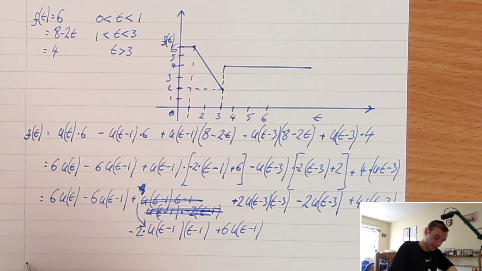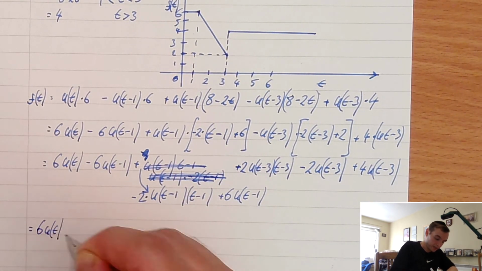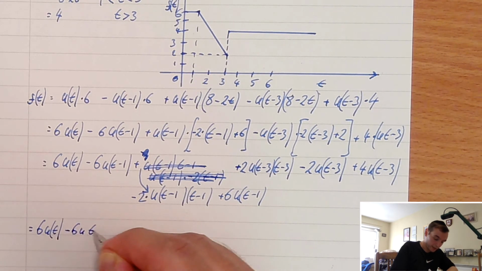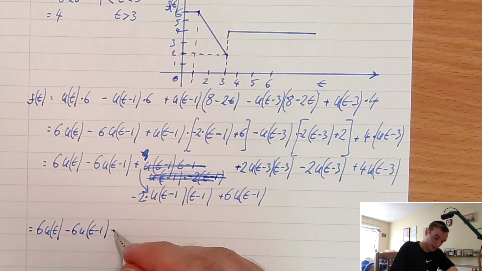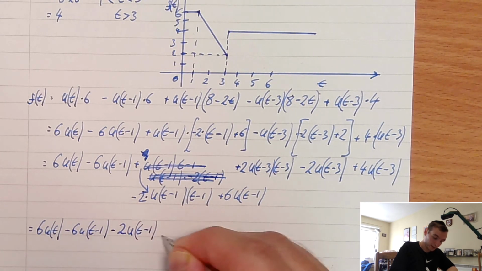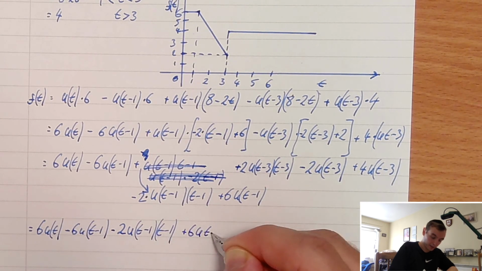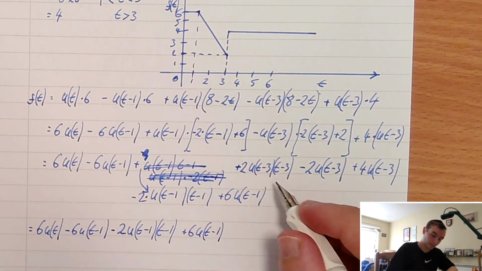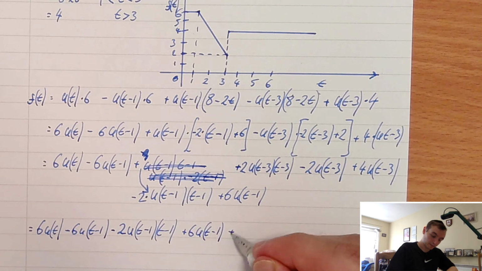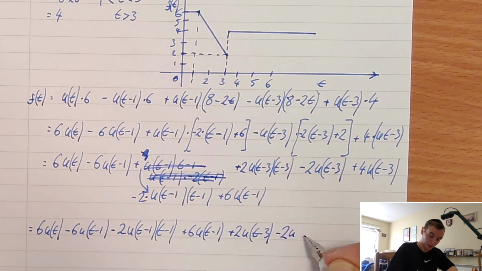So let's bring that down and tidy things up a little bit. So we've got 6u(t) minus 6u(t minus 1) minus 2u(t minus 1)(t minus 1) plus 6u(t minus 1) plus 2u(t minus 3)(t minus 3) minus 2u(t minus 3) plus 4u(t minus 3).